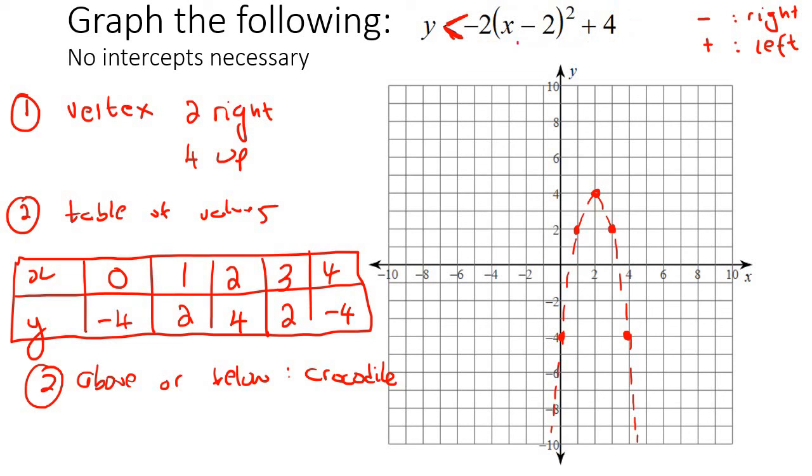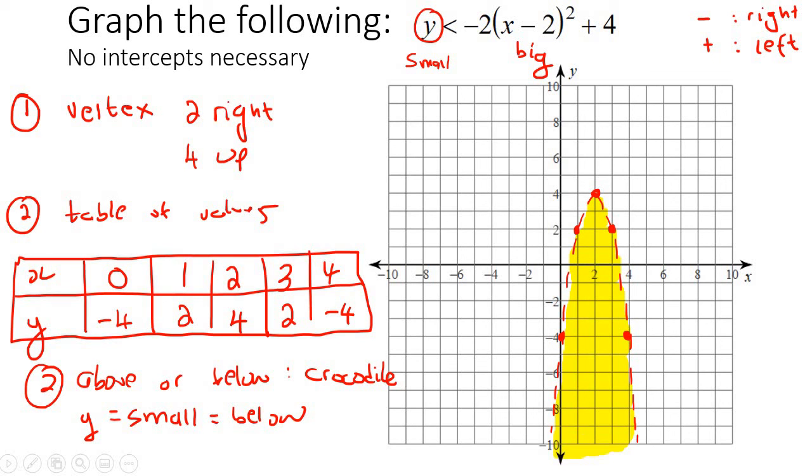Remember that the crocodile always likes to eat the big side. So if that's the big side, then that makes this the small side. The y is the small side. Now, remember our little rules. When the y is the small side, then you shade below. If the y was the big one, then you would shade above. So we're going to shade below the line, so that's all of this over here. So let's quickly shade that for you. And there we have it. So that's it, guys. That's how we do vertex form graphing quadratic inequalities.